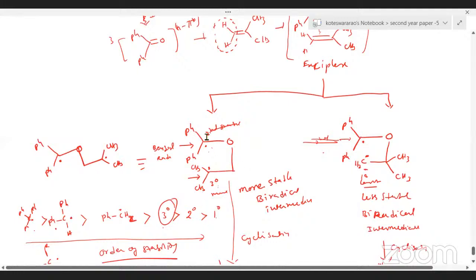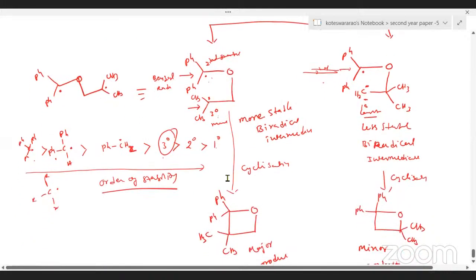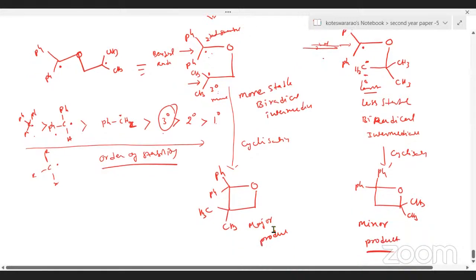Due to that reason, the next step can easily proceed, because this is the rate determining step for the formation of the biradical intermediate. Next, the CC bond formation is associated with lower energy, therefore it easily combines, leading to the formation of the cyclic system.